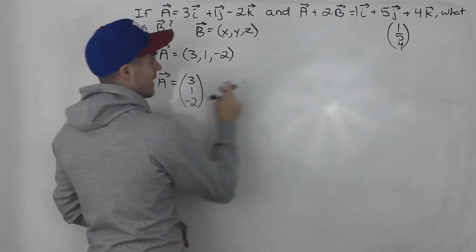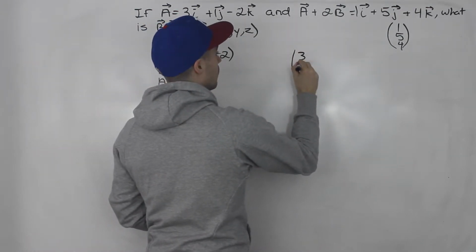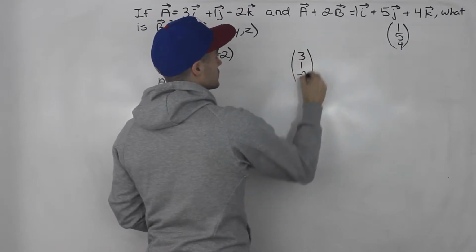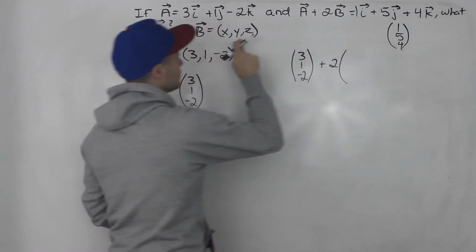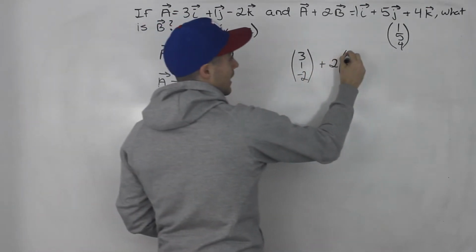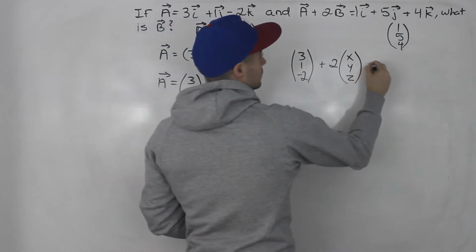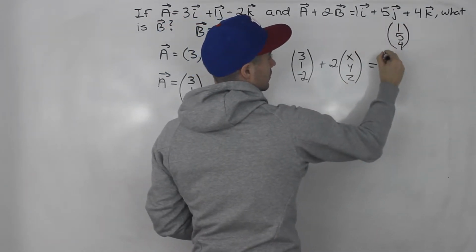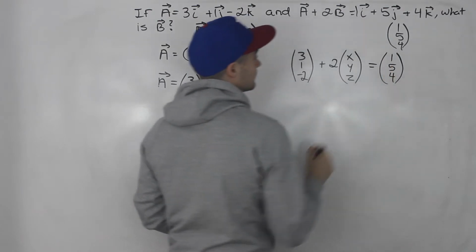We got vector A, which is 3, 1, negative 2, plus 2 times vector B, which is what we're solving for, that is x, y, z, is equal to this vector here, 1, 5, and 4.